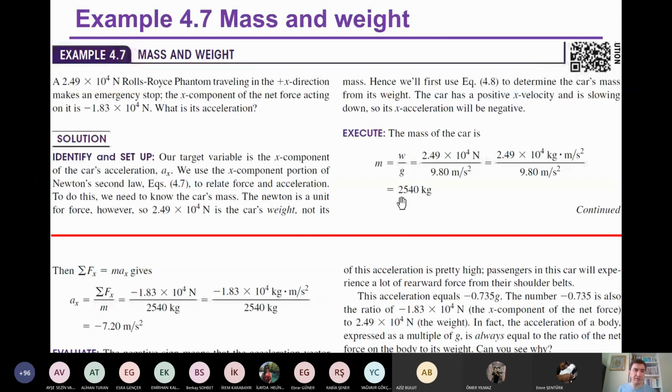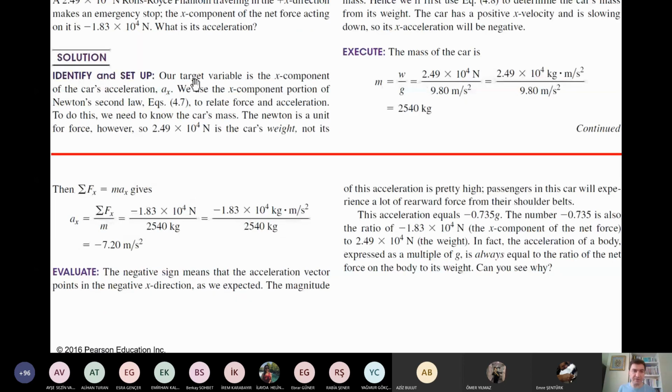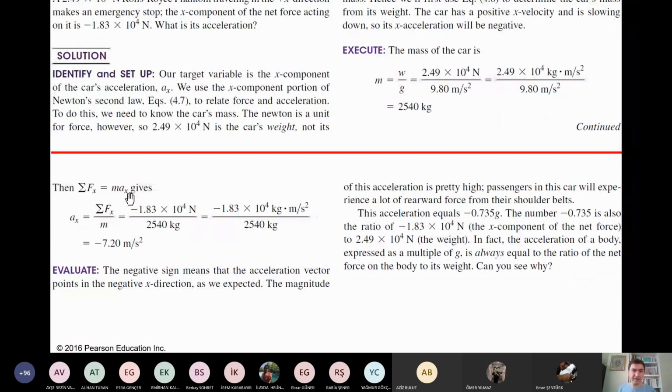What was the question? The question is, what is the acceleration? So what are the forces acting on this Rolls-Royce Phantom? The force is given, minus 1.83 times 10 to the 4 Newton. So the net force acting on the Rolls-Royce along the x-axis is given by m times a_x. Within the question, acceleration is asked.